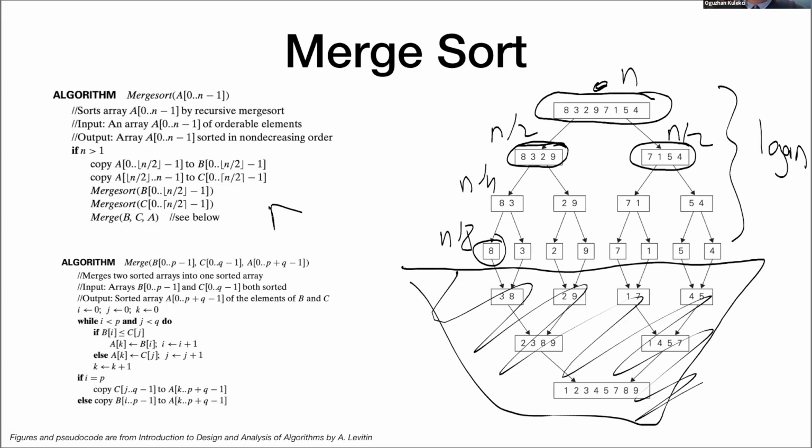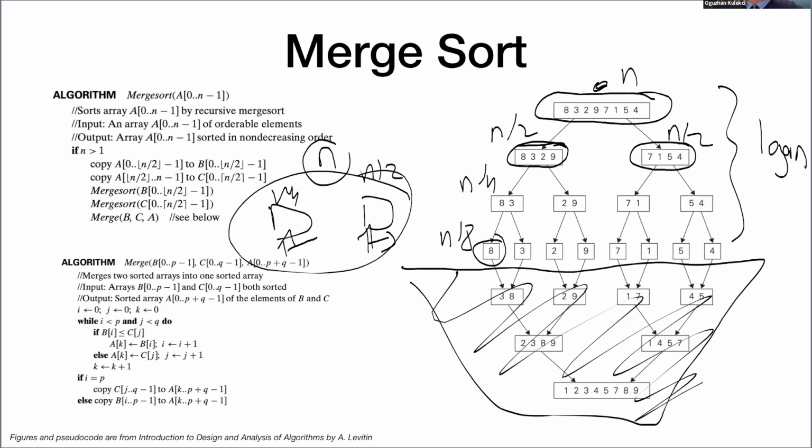I have my pointer here scanning the left side, and that one scanning the right side. So in total, the number of comparisons will be n, right? So I need n comparisons at this node.